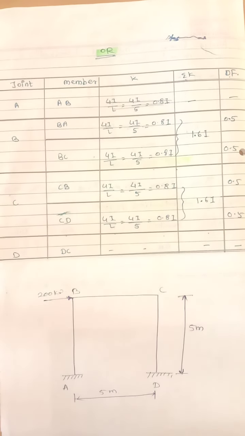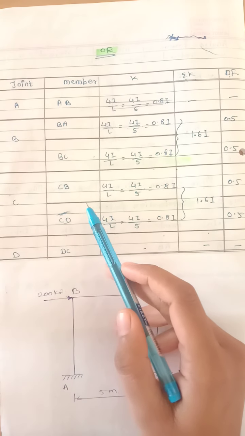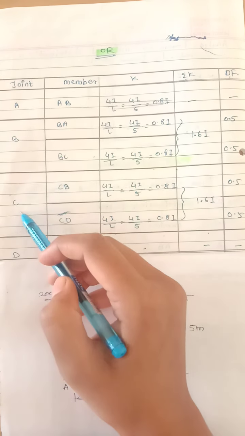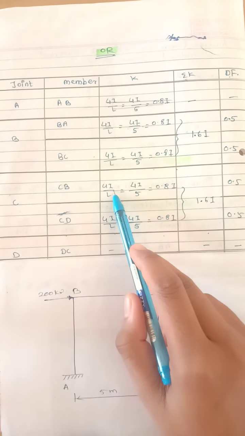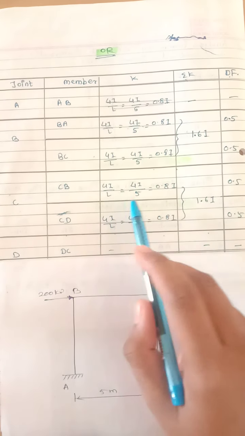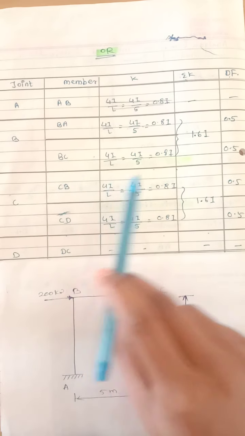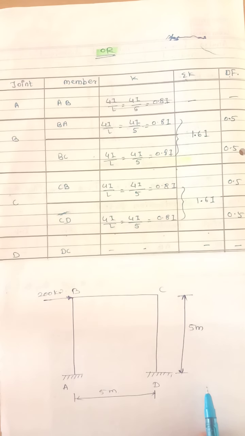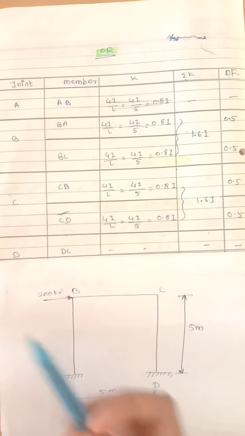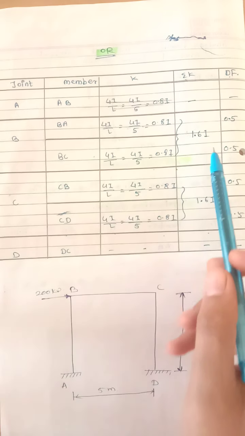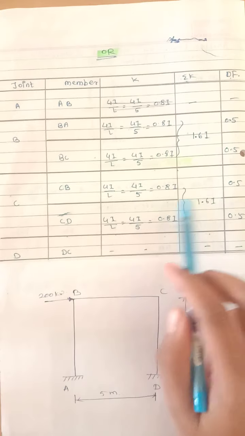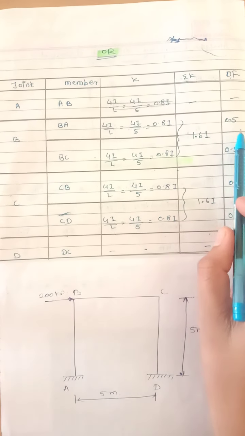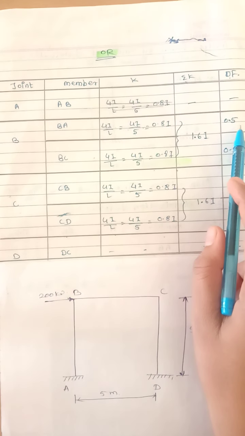So for joint B and joint C our distribution factor is the same, because the length is the same and the overall condition is the same for both columns. You can see that in the previous method our distribution factor is 0.5, 0.5, and in this second method it is also the same.